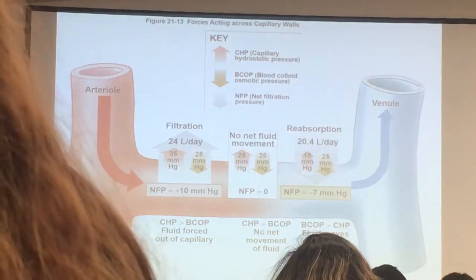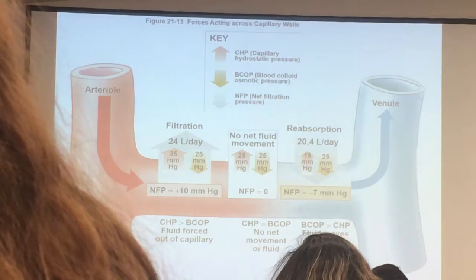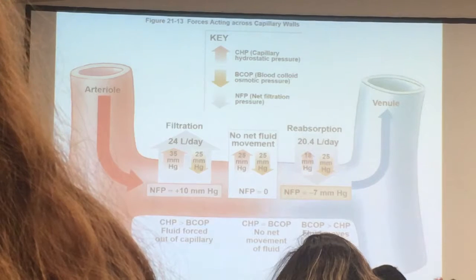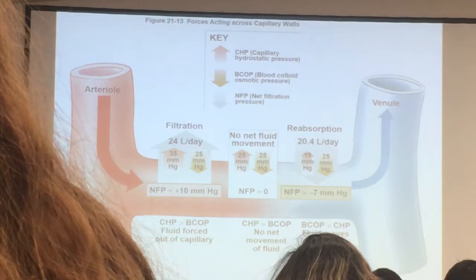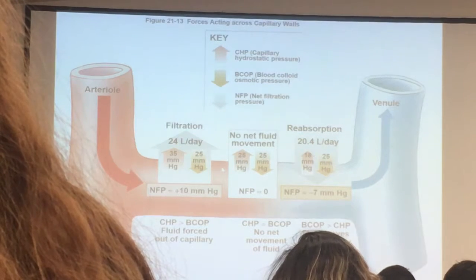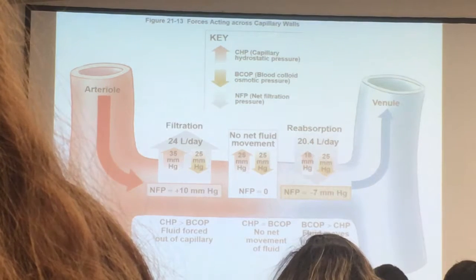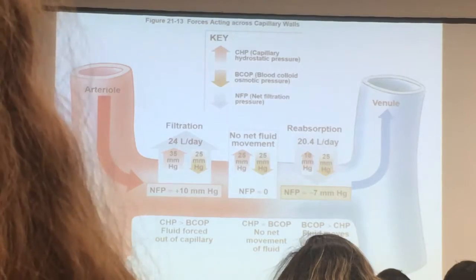In the middle, there is no net movement. In the beginning, 35, you know that. In the end, only 18. But protein concentration from outside to inside is always 25. So maybe spend some time. I think it's not very difficult, okay?